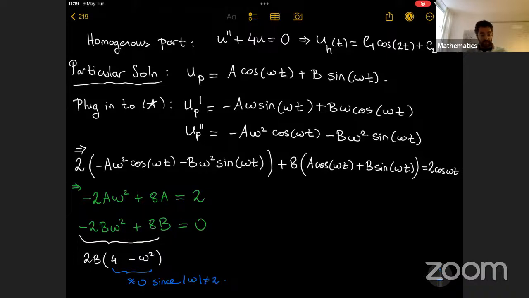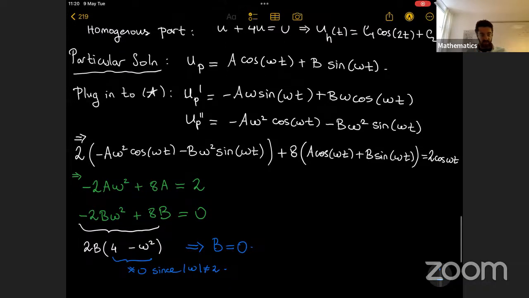Which tells you that b must be 0. And let us plug this back in. B is equal to 0.